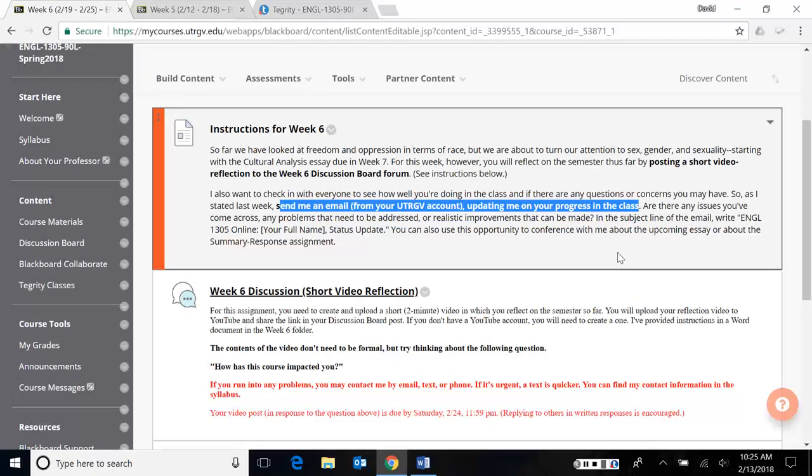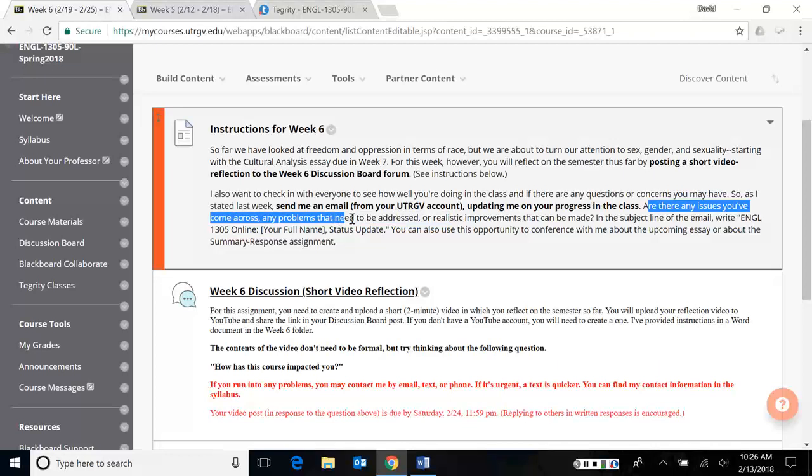Some of you, I've already contacted, those of you who I think are in danger and need to check in with me. But I still insist that you tell me if there are any issues you've come across, any problems that need to be addressed, or any improvements that I can make for you. In the subject line of the email, go ahead and tell me, English 1305 online, your name, and then say something like status update.